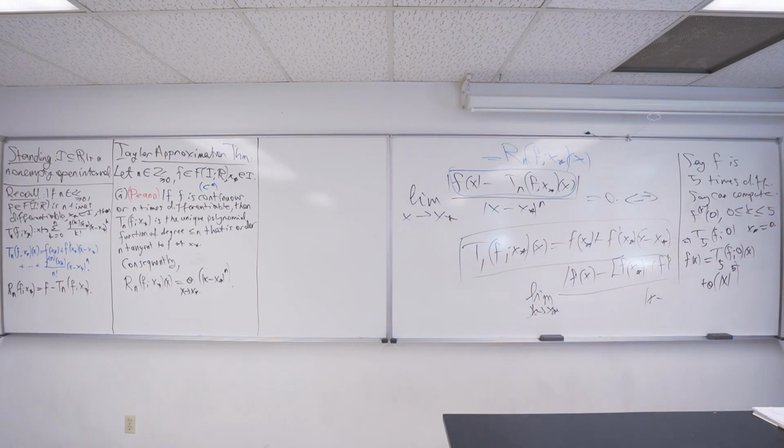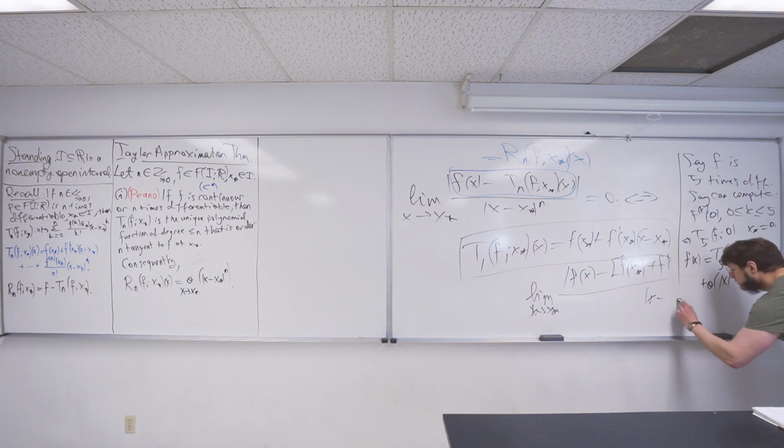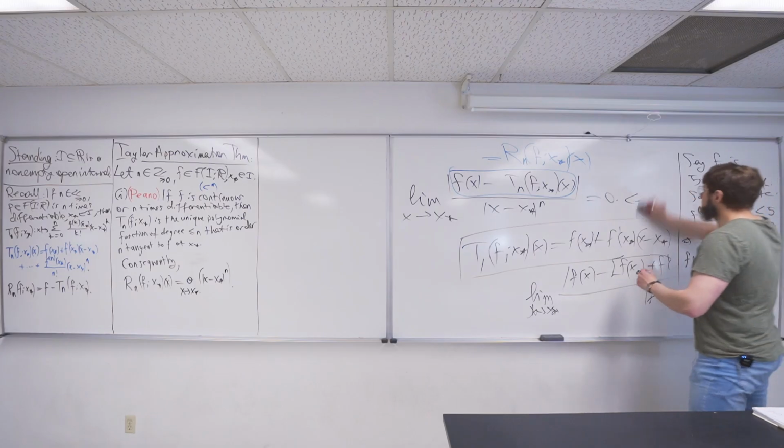Okay? And so, for instance, if you were trying to figure out what f of 10 to the minus 1 is, you can just plug it here, and the error is going to be of the order 10 to the minus 5. Okay? So I'll write it here.